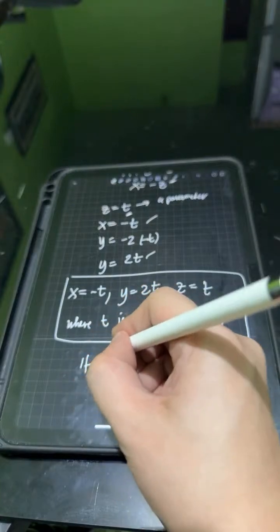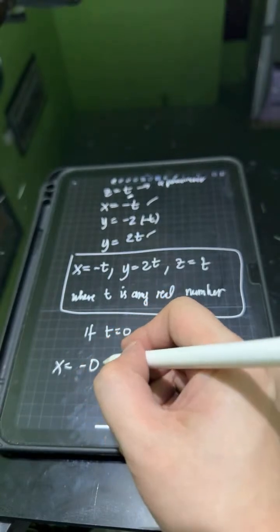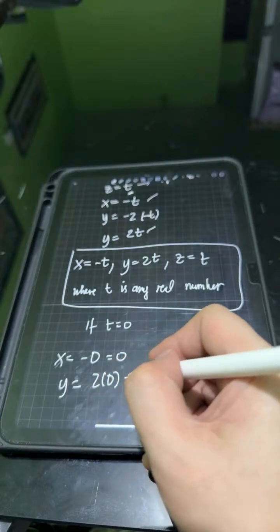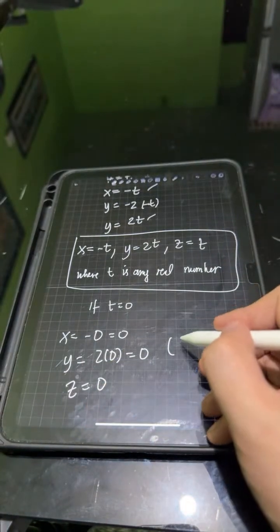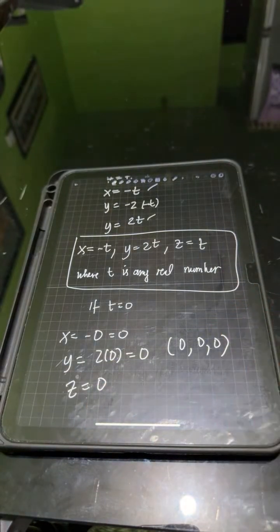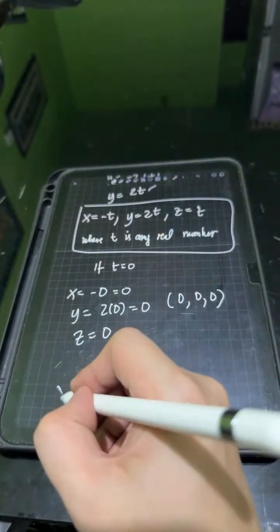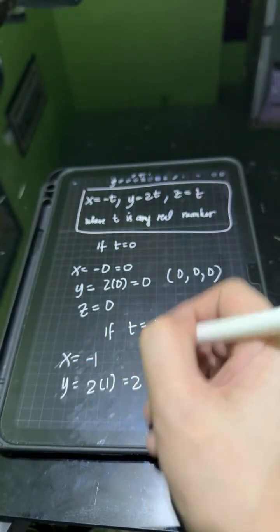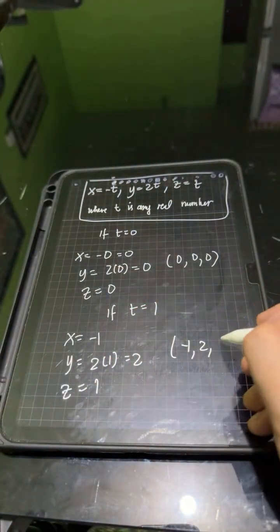Let's say if t is 0, x is negative of 0, which is still 0. y is 2 times 0, which is 0. And z is equal to t, 0. So one solution is the coordinate (0, 0, 0). Also, if you want t equal to 1, x is negative 1, y is 2 times 1 or 2, and z is t, which is 1, or the coordinate (negative 1, 2, 1).